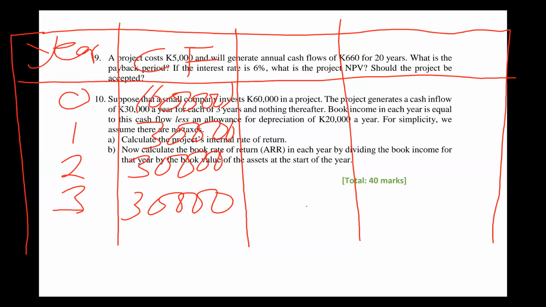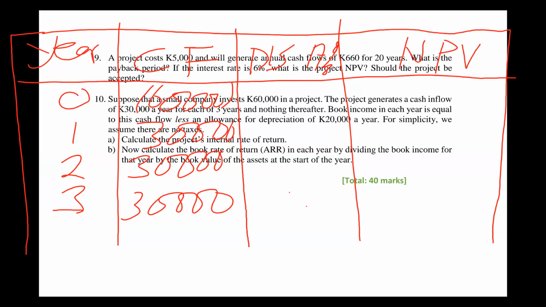Let's try to start with the 17%. We want to find the discounting factor at 17% and see if our net present value will be positive or negative. That is if you are not given the discounting rate. What matters is that whatever rate you use, it will guide you how far you can go to choose the second rate.